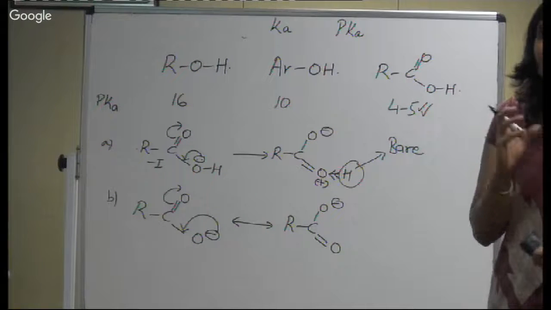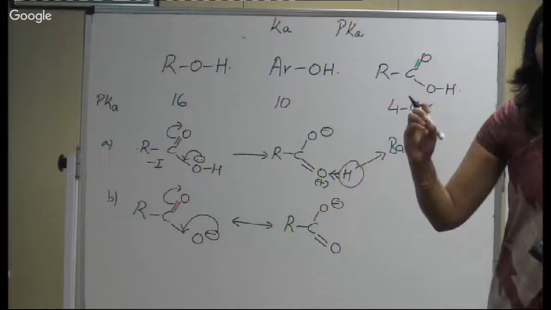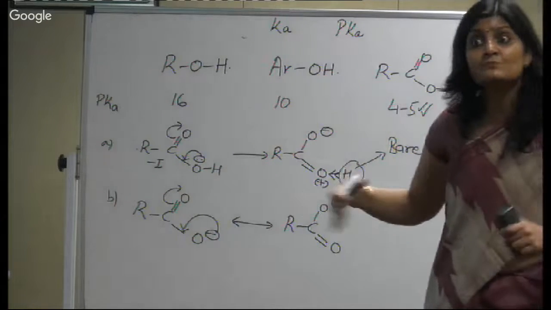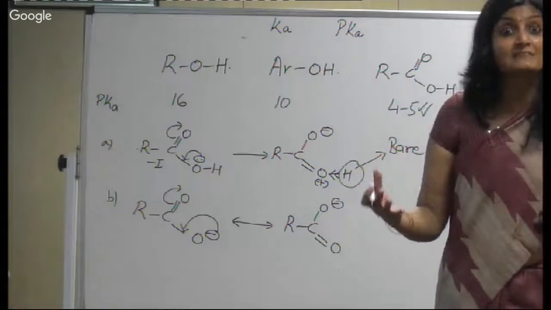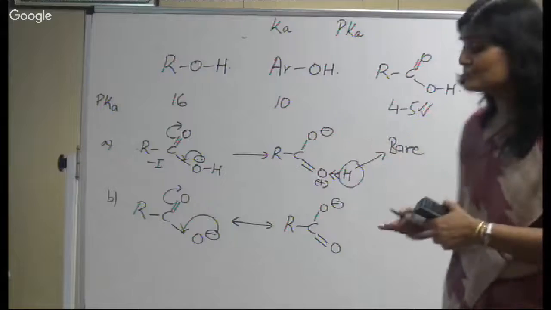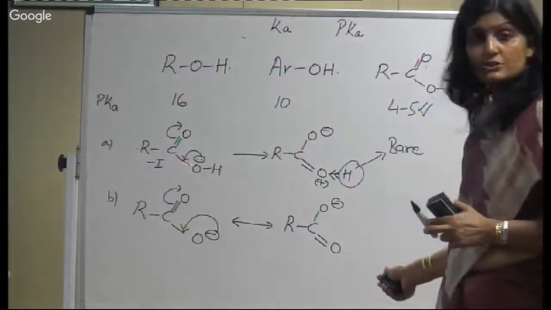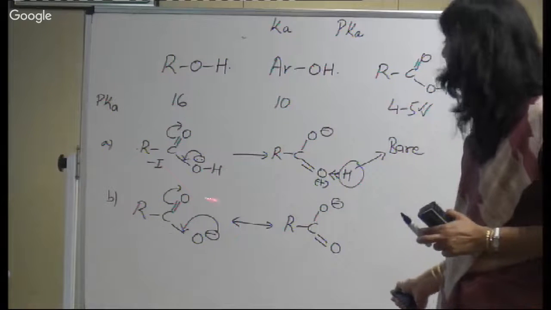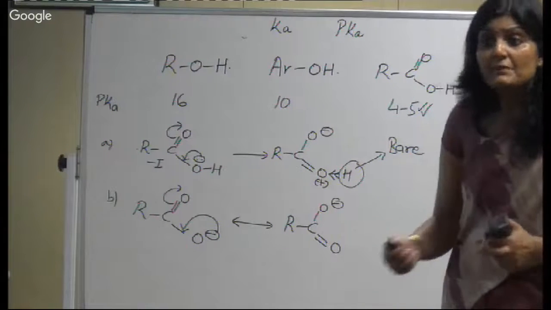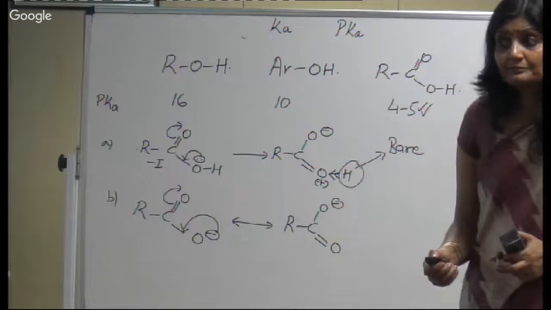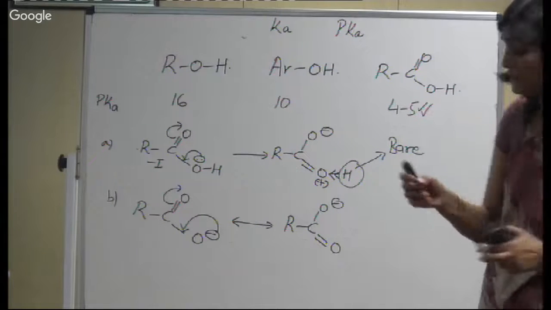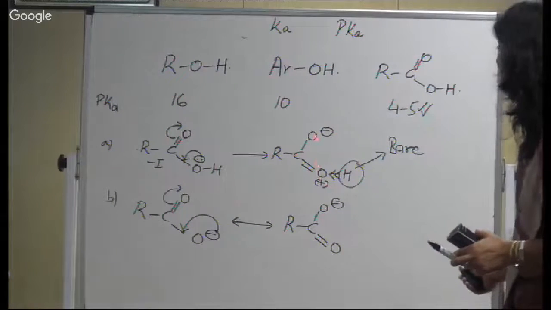Carboxylic acids are acidic because on losing proton, they are forming carboxylate ion, which is more stabilized by resonance than carboxylic acid itself. You can see I have shown the resonance structure for carboxylic acid also. Carboxylic acid is also showing resonance. But what is it that makes the carboxylate ion more stable by resonance? It is the number one. See here, you have charge separation here.